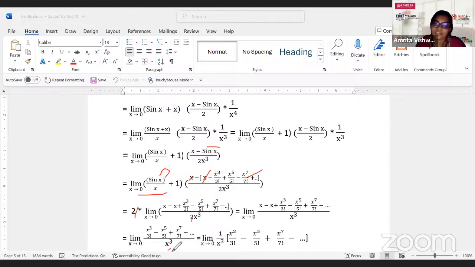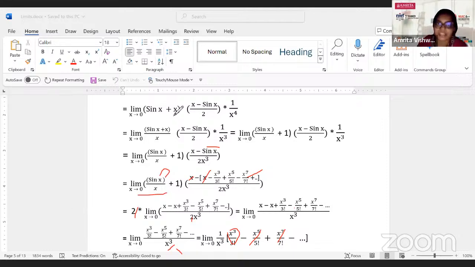I know this x cube becomes x cube by 1, so I'll write this as 1 by x cube into this term. So this becomes 1 by 3 factorial minus x square by 5 factorial plus x raised to 4 by something, etc. But if I'm substituting x as 0, this term is gone, this term is gone. It's 1 by 3 factorial. That is 1 by 6, which is the correct answer for this question.